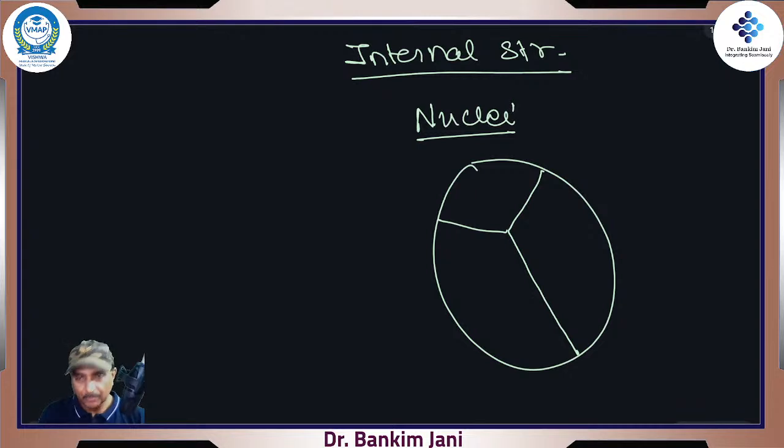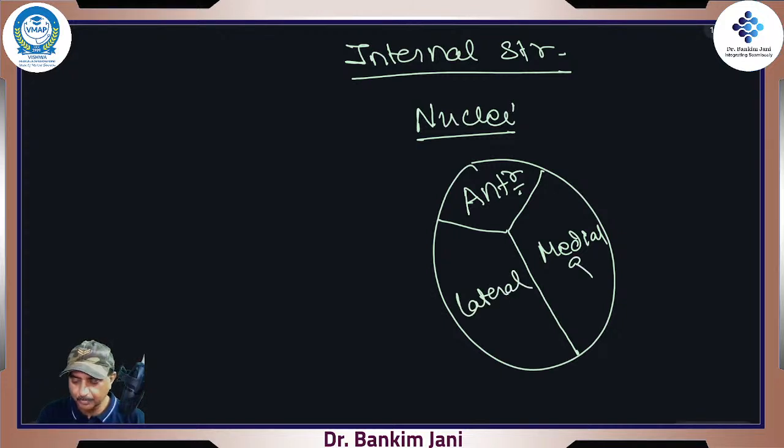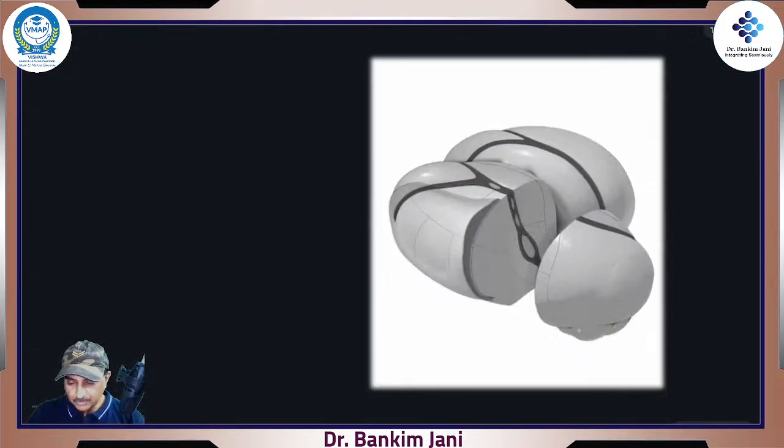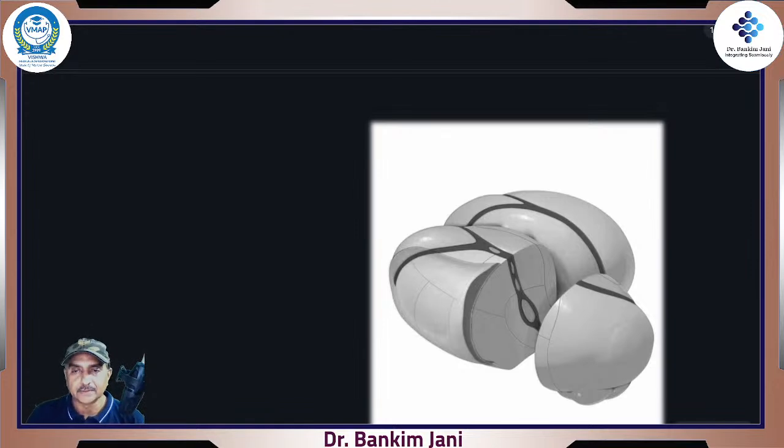Everything has got a name, but it will divide this into an anterior group, then a medial group, and then a lateral group. So these are the groups which will be divided like this. Here it is, right? This Y-shaped, right?